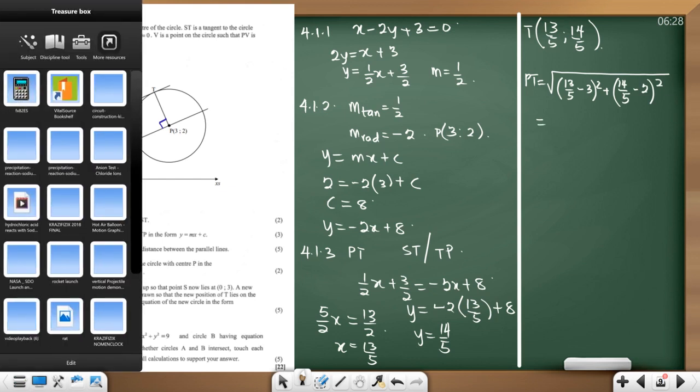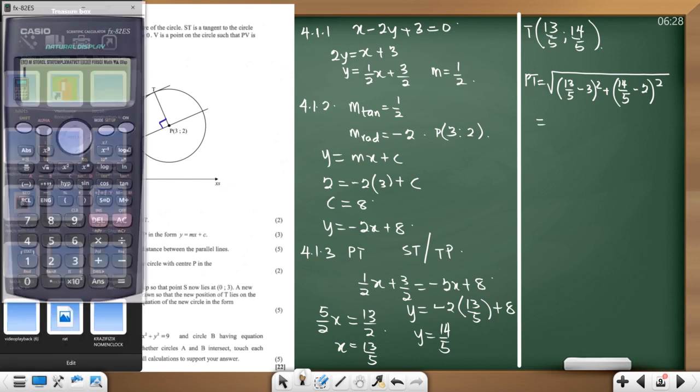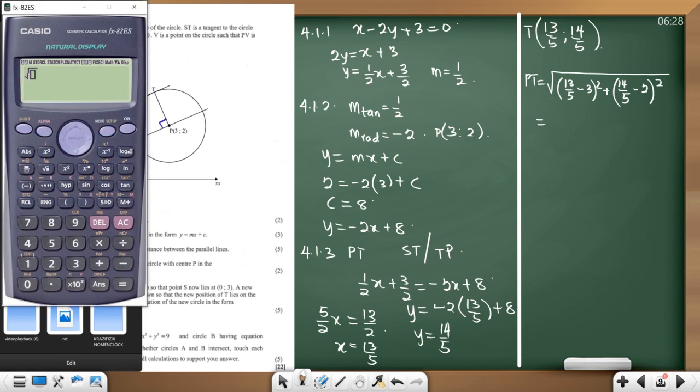Now what is our answer? Here we definitely need to use a calculator to make it fast. Square root of, bracket, 13 over 5 minus 3, all squared, plus 14 over 5 minus 2, all squared.